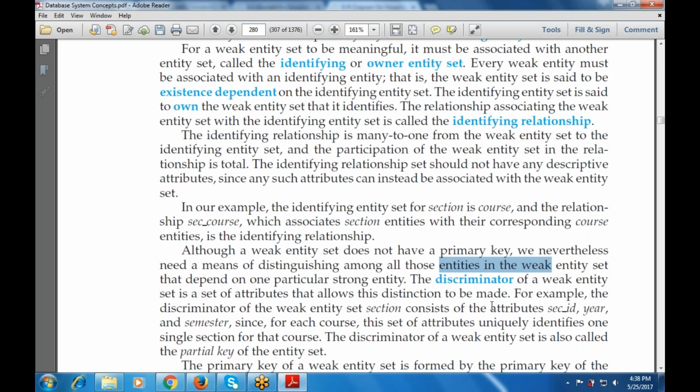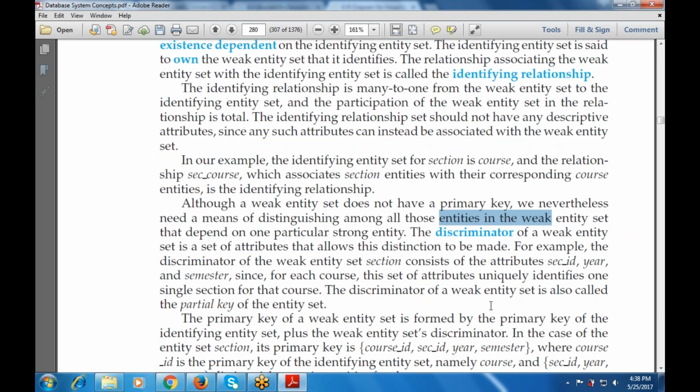The discriminator of a weak entity is a set of attributes that allows this distinction to be made. For example, the discriminator of the weak entity set section consists of the attributes sec ID, year, and semester, and for each course this will uniquely identify one single section. The discriminator of a weak entity set is known as the partial key of the entity set.